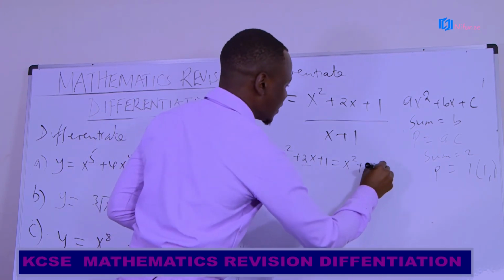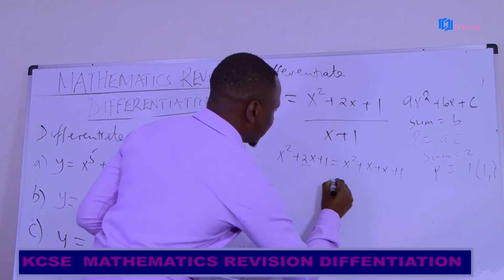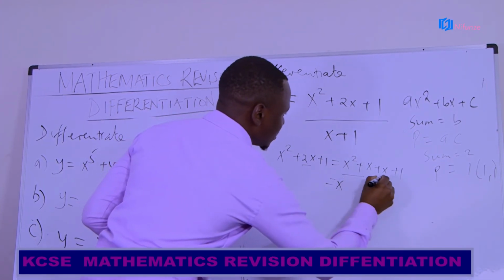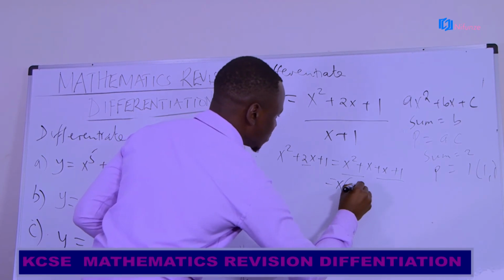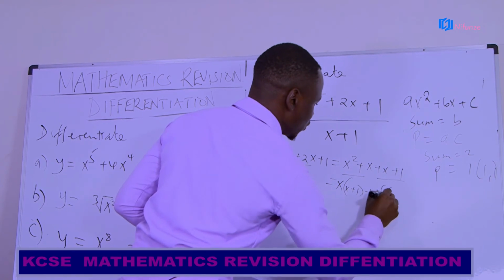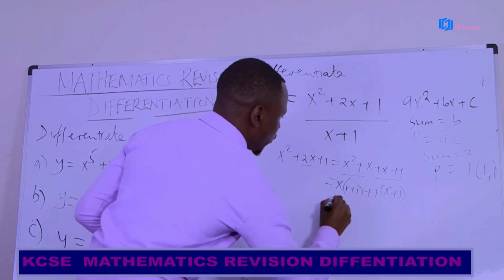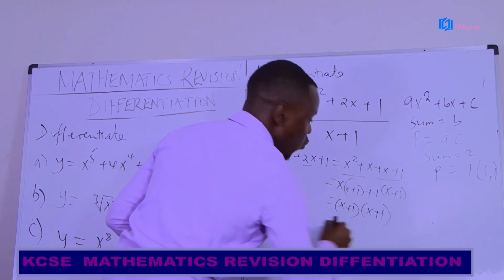So plus x, this gives us 2x plus 1. Let's factorize in pairs. So x is common into x plus 1, plus what is common here is 1 into x plus 1. So we get x plus 1, x plus 1.